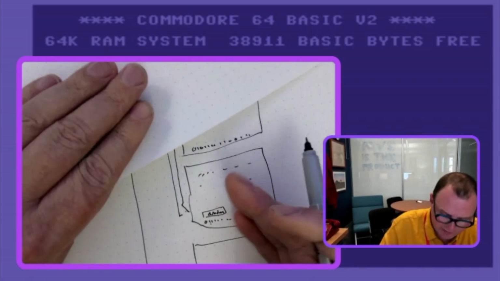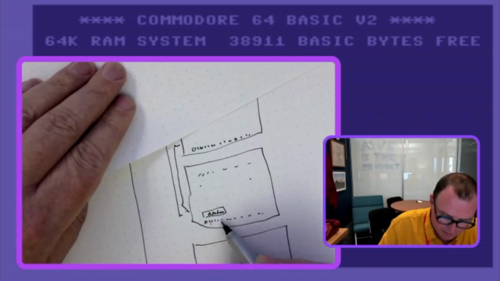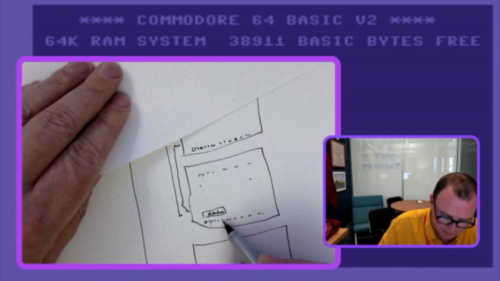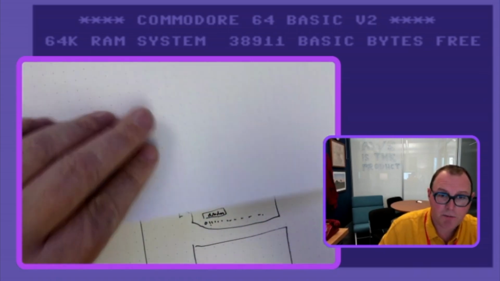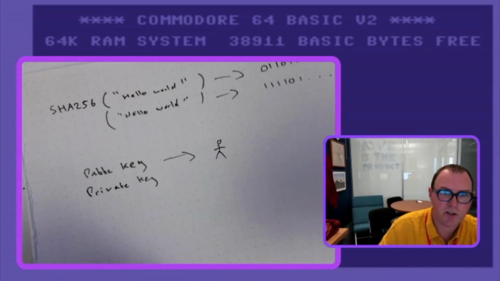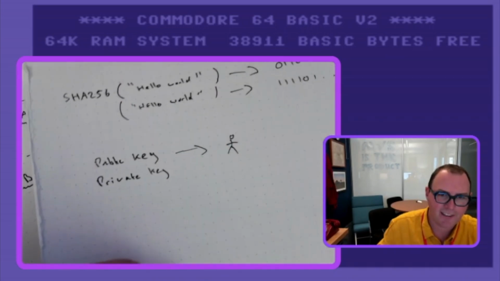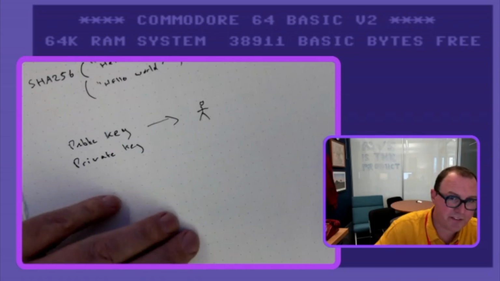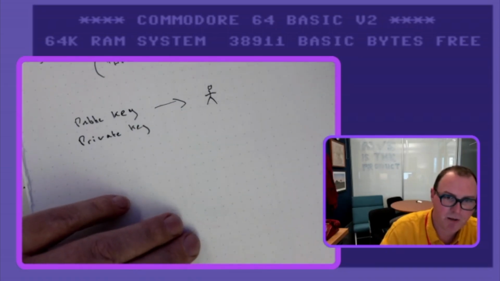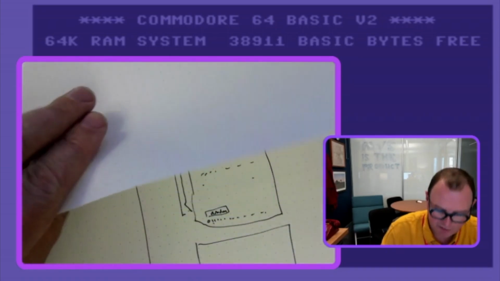And so to find an input that produces all zeros as that output, just for the first 8 bits, you're probably going to have to try, I think it's 256 inputs, right? 2 to the 8. You're going to have to try 256 different things until you probably get one that is all zeros for the first 8 bits.